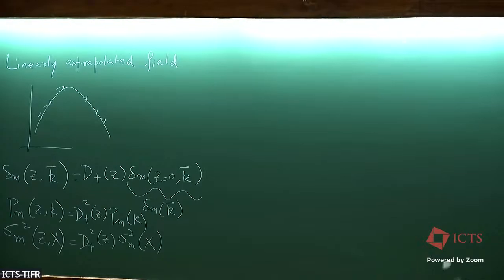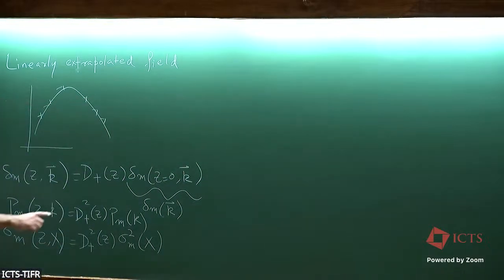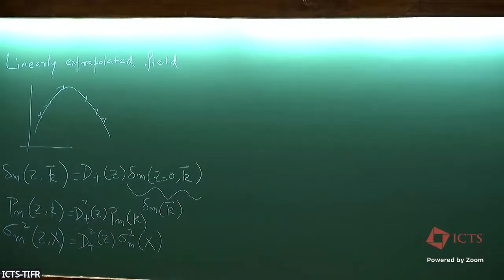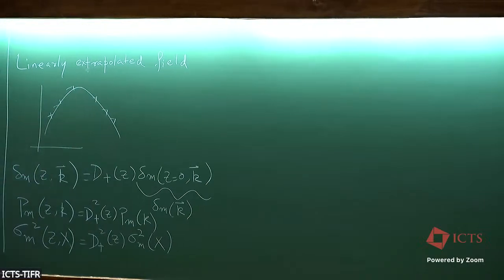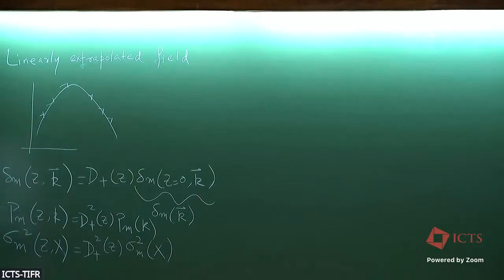Yes. In this picture, it will be encapsulated in both delta k and the power spectrum. So the power spectrum at z equal to 0, we know the shape is like this. So that already knows, basically.